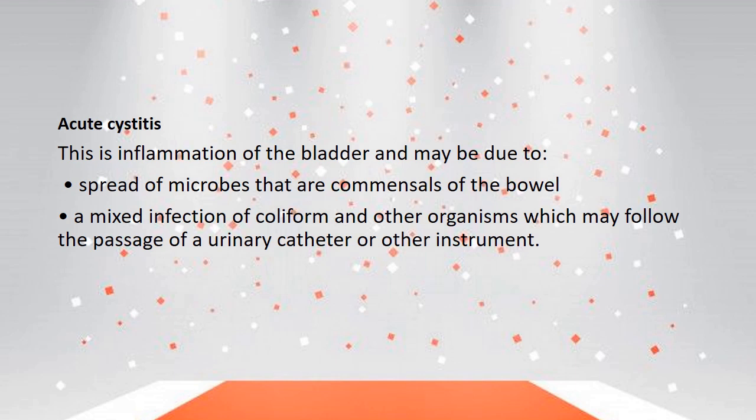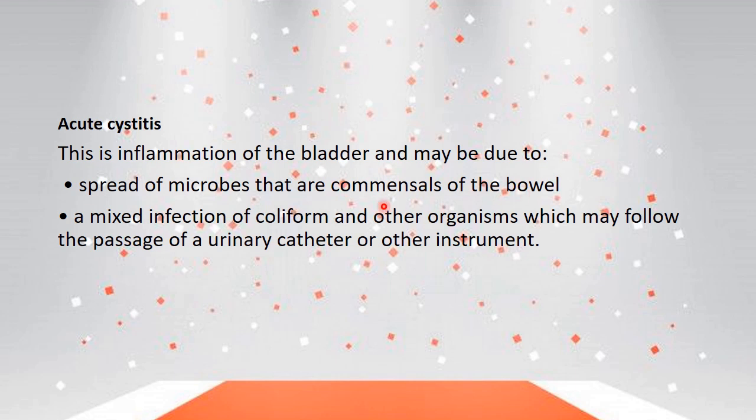Okay, this cystitis is classified just as any other disease. It's acute and chronic, and just like any other, acute means the sudden occurrence of a disease. So this is the inflammation of the bladder and may be due to, number 1, spread of microbes that are commensals of the bowel.